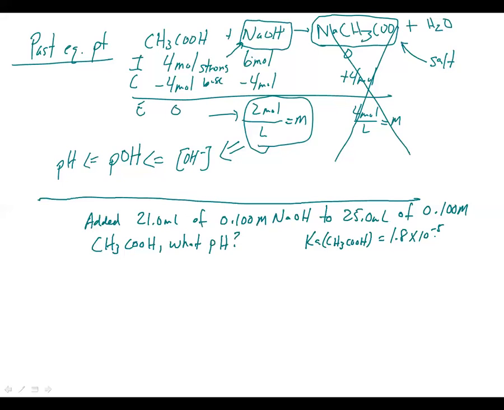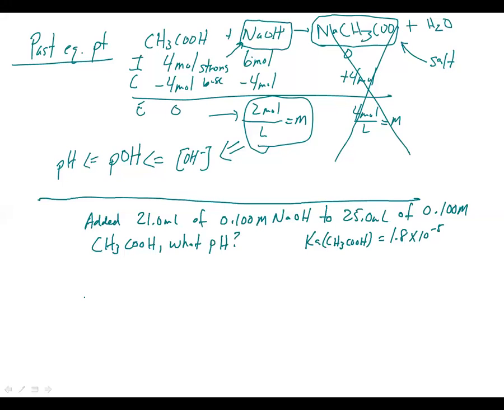Okay, so let's see how we're doing here. So again, it is a titration, so we're going to need our equation here. So we're going to take our acetic acid plus our sodium hydroxide, going to get us our sodium acetate plus our water.